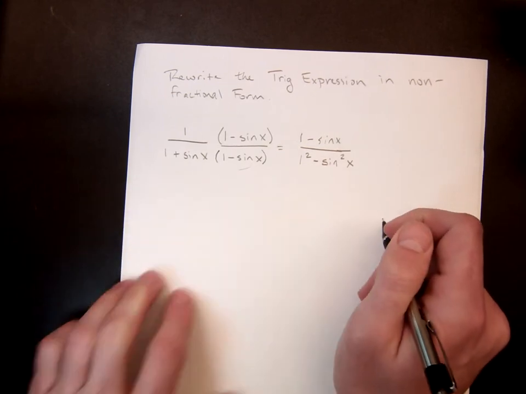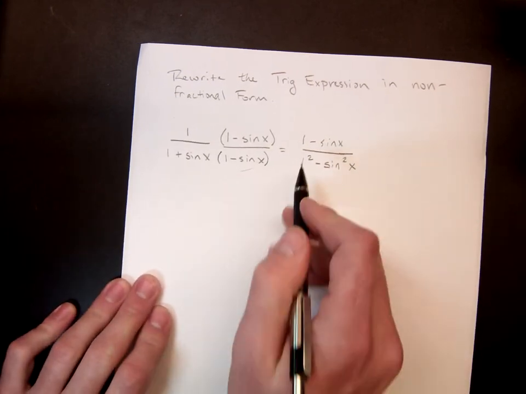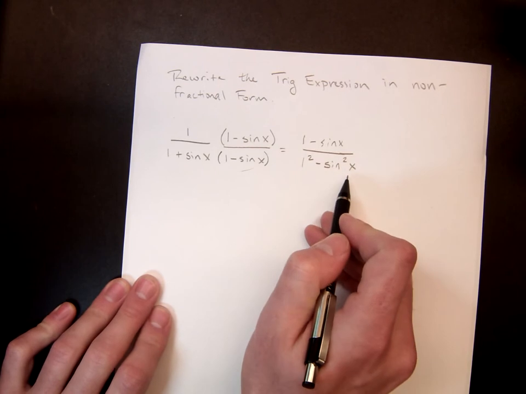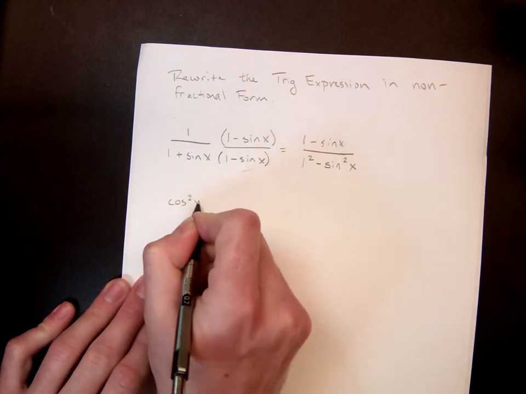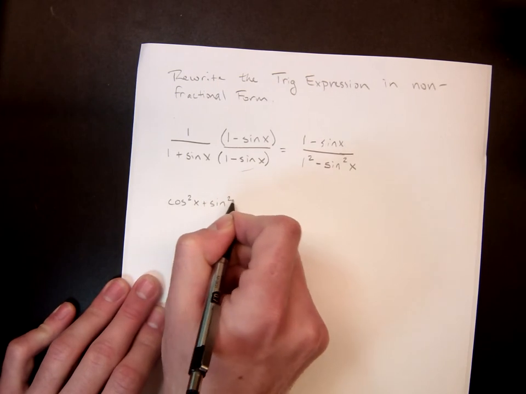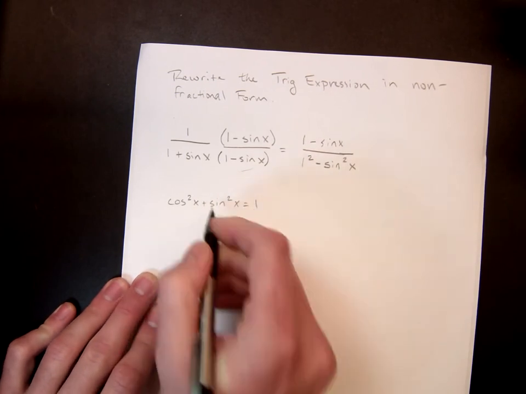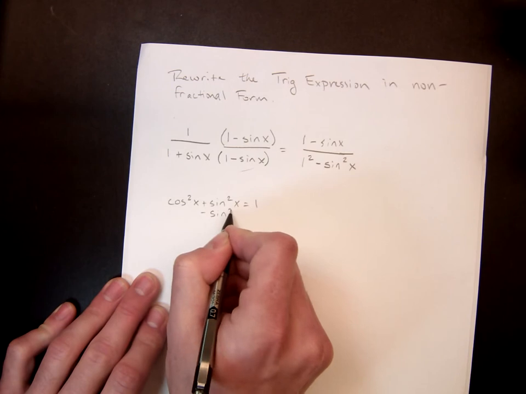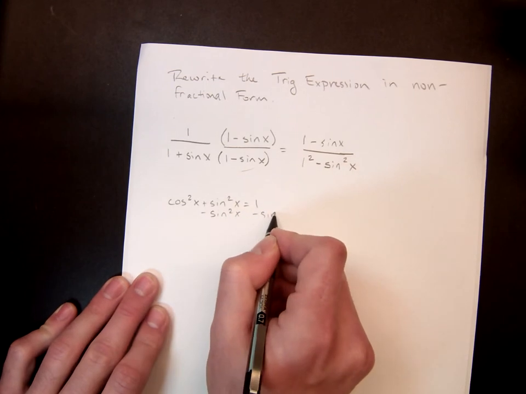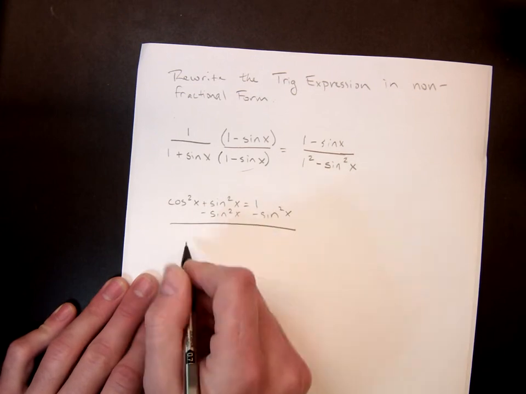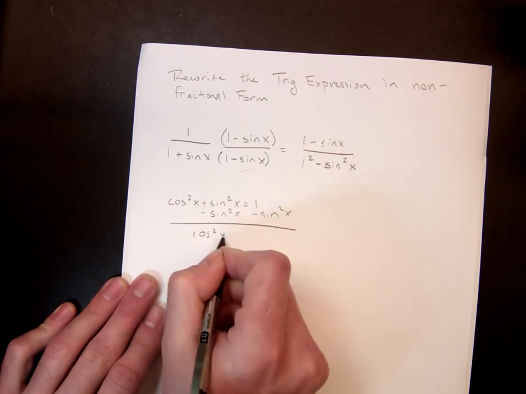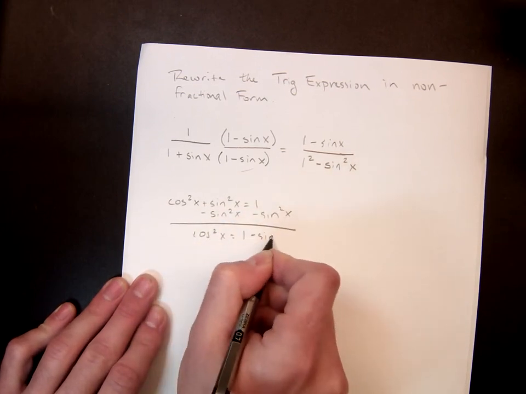Now if I go to my identities, I can realize that this is a form of the Pythagorean identity, cosine squared plus sine squared equals 1. If we subtracted the sine squared from both sides, we would just get cosine squared is equal to 1 minus sine squared.